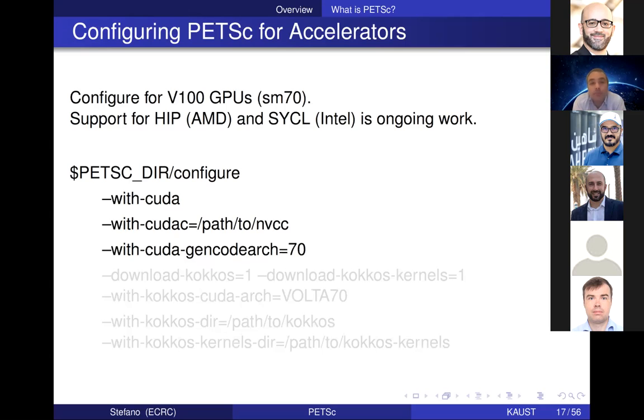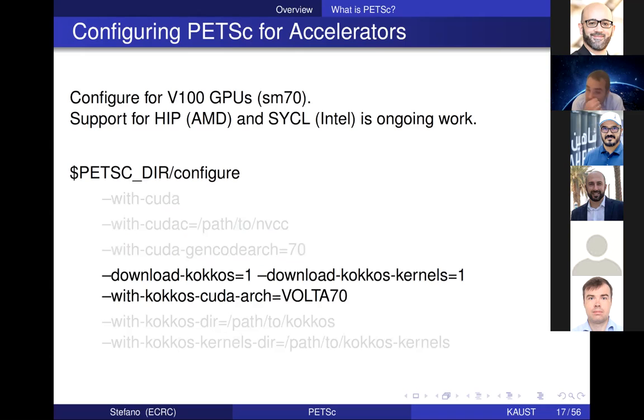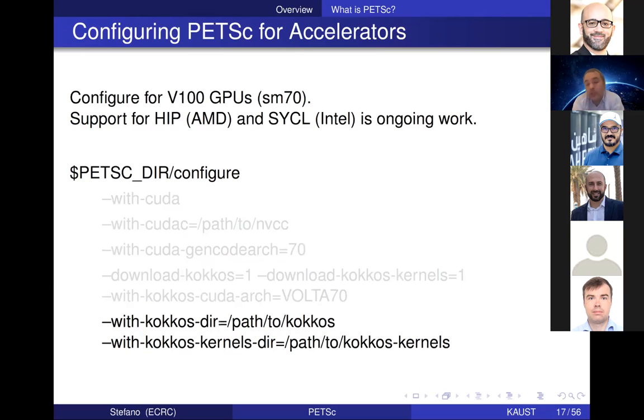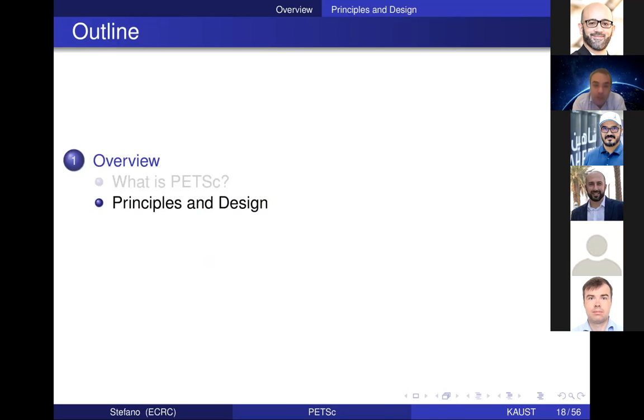The way you configure PETSc is as simple as passing the path to the NVCC compiler and the architecture you want to compile your CUDA code for. PETSc also supports another backend, which is Kokkos and Kokkos Kernels, and you can download and install Kokkos and use it through PETSc. Also, if you already have Kokkos on your system, you just tell PETSc where to look for it.